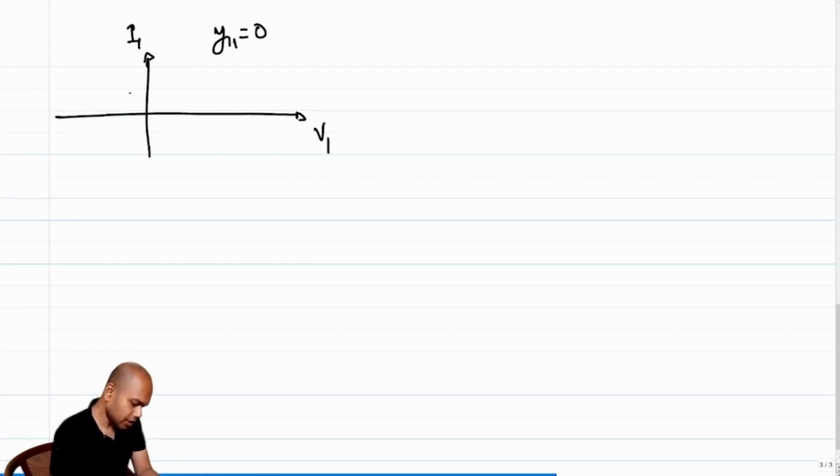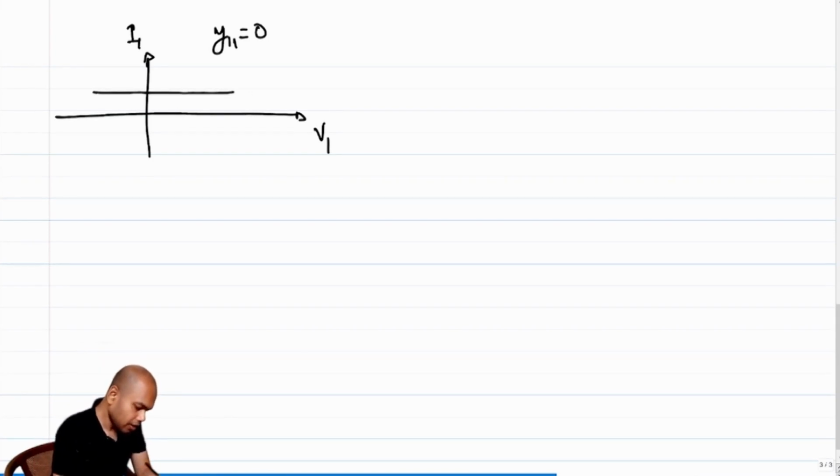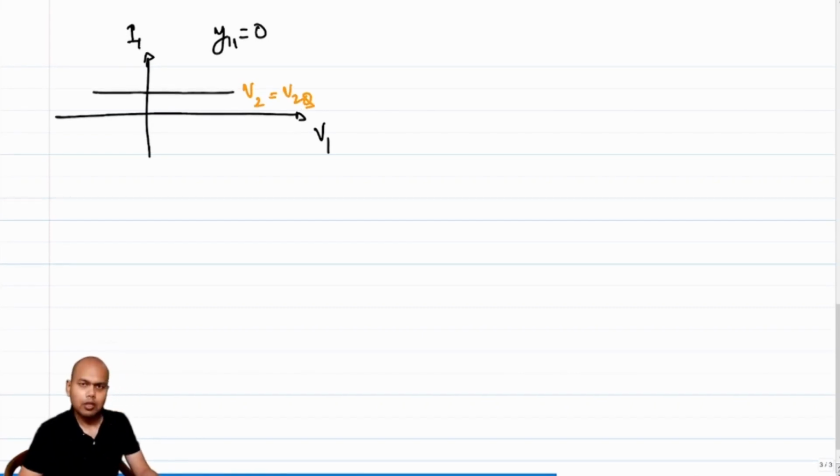So all it means is that I1 is constant with respect to V1, and this is probably for V2 equal to a certain V2Q. That's all this is saying, nothing else. Okay.